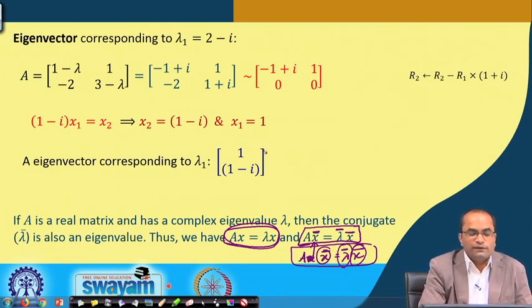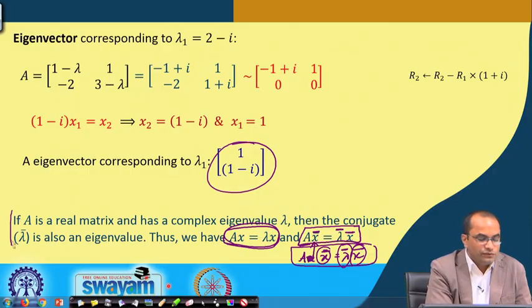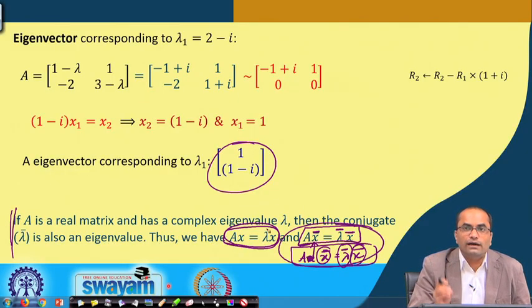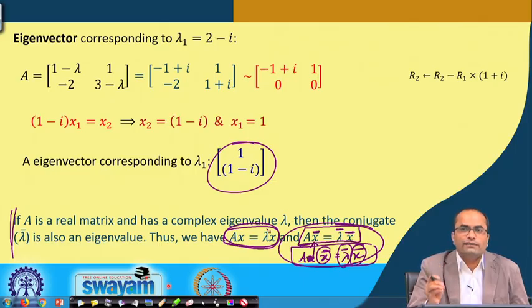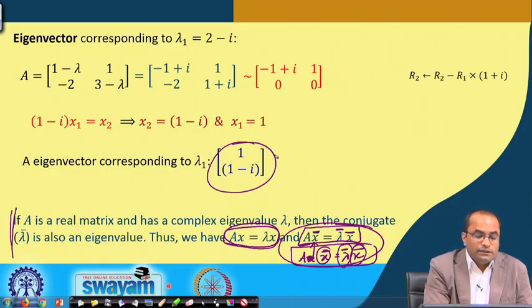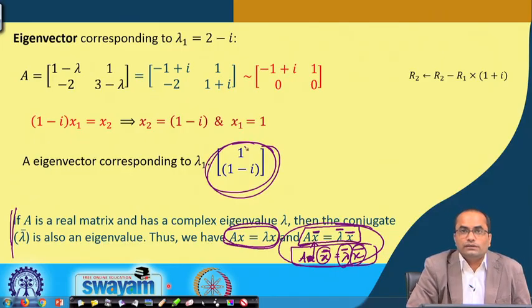So, indeed we do not have to compute this, since we know this result: once we have the eigenvector corresponding to one complex value of lambda, its conjugate will be the eigenvector of the other conjugate eigenvalue.